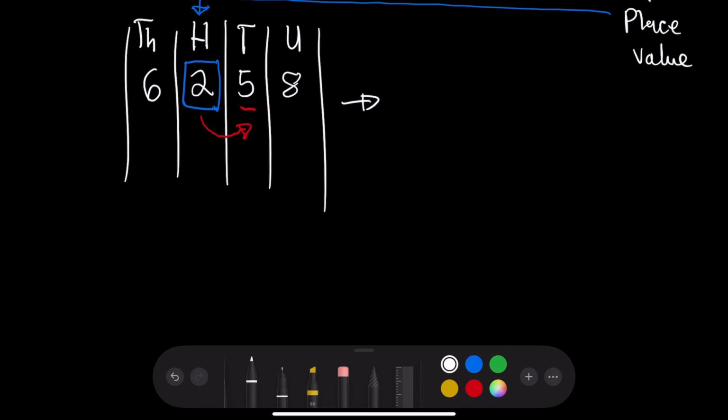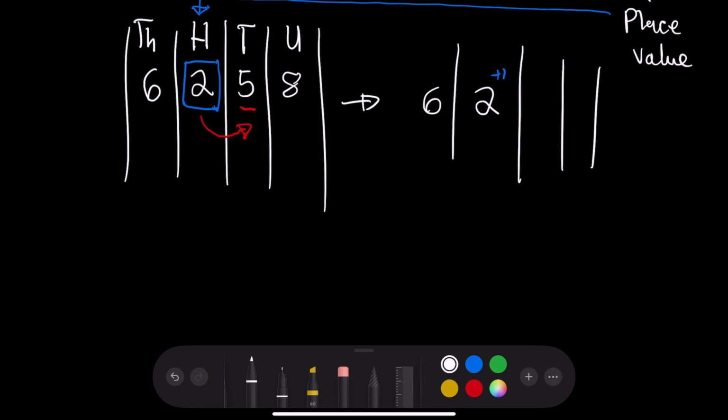Then what does that look like? You're going to have 6, 2, and the 2 must be increased by 1 as the rule says. Then all values to the right of the place value after you've increased it must be replaced by zeros.